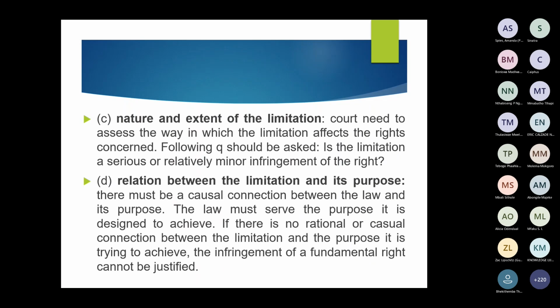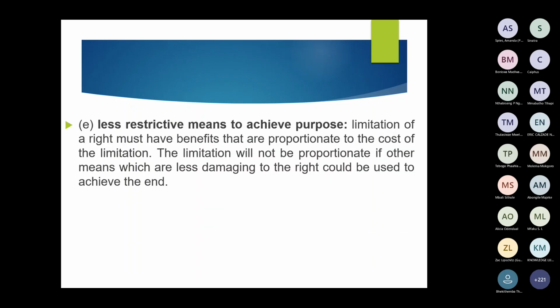The nature and extent of the limitation: the court needs to assess the way in which the limitation affects the rights concerned, and there the following question should be asked. Is the limitation a serious or relatively minor infringement of the right? And then lastly, the relation between the limitation and its purpose. There must be a causal connection between the law and its purpose. Sorry, number 5 is the last one, and that is the less restrictive means to achieve the purpose.